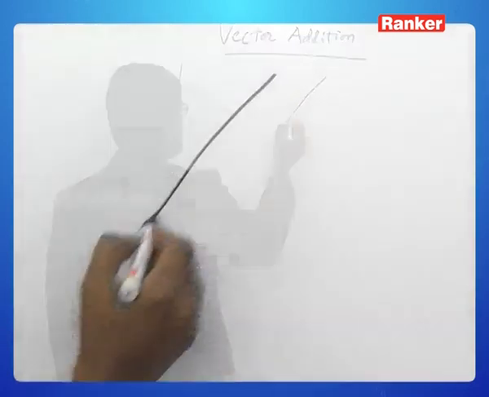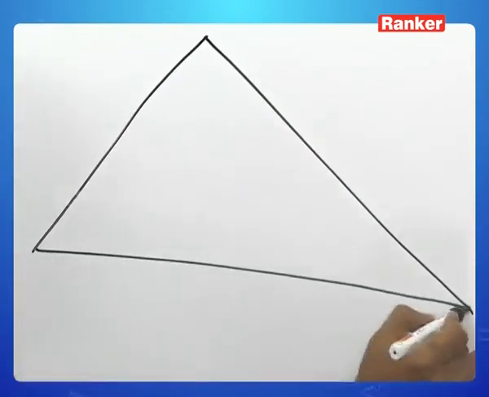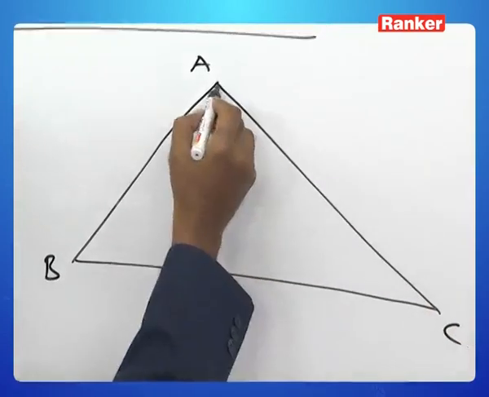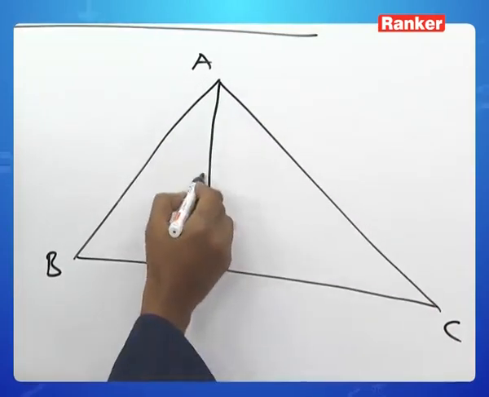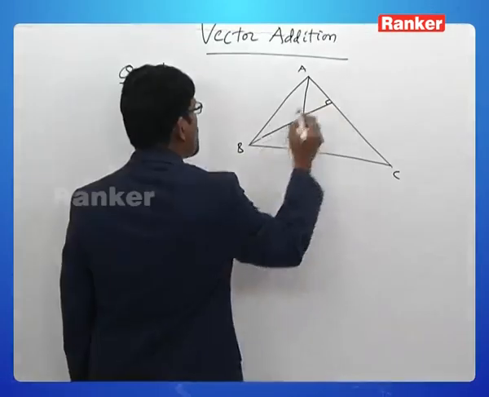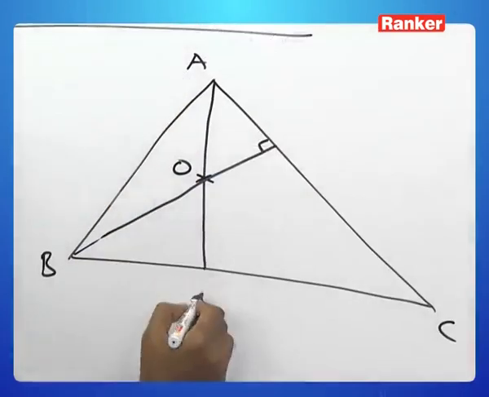ABC is a triangle. O is the orthocenter given. Orthocenter is the point of intersection of altitudes. So O is the orthocenter.